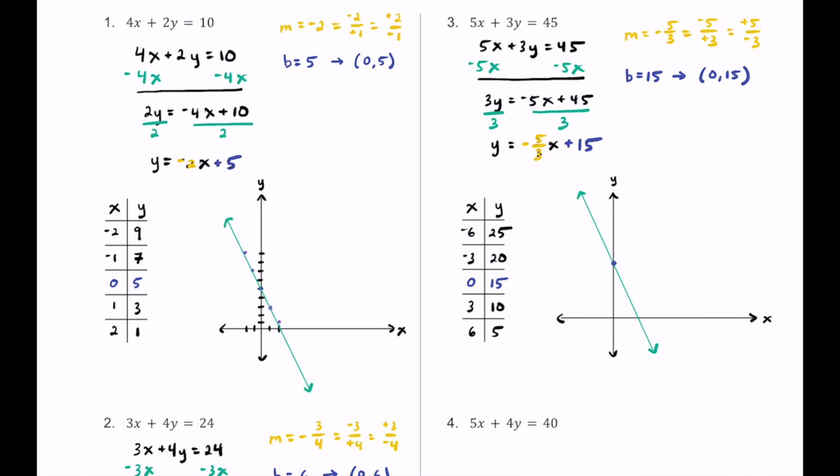And then let's go ahead and see what other dots are on here. We have -6, 25. That's going to be this one right here. And then -3, 20 should just be halfway between those two. So I'm going to put that here, just where it should be. And then we have 3, 10. That's this one here, 3, 10.